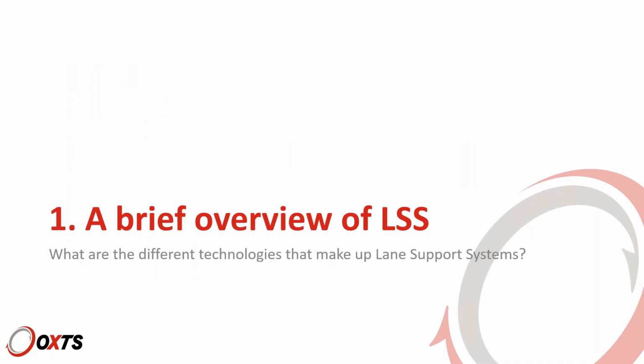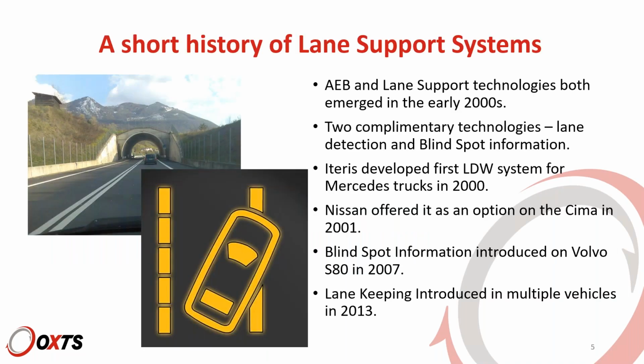So, a brief overview of lane support systems in general. Both AEB and lane support systems emerged around a similar time in the early 2000s. In principle, they're not exactly related. AEB generally has radar, LiDAR, more measurement-type devices to detect a physical object, whereas lane support generally requires just a camera and image processing and interpretation of what part of the image is a lane marking and so on.